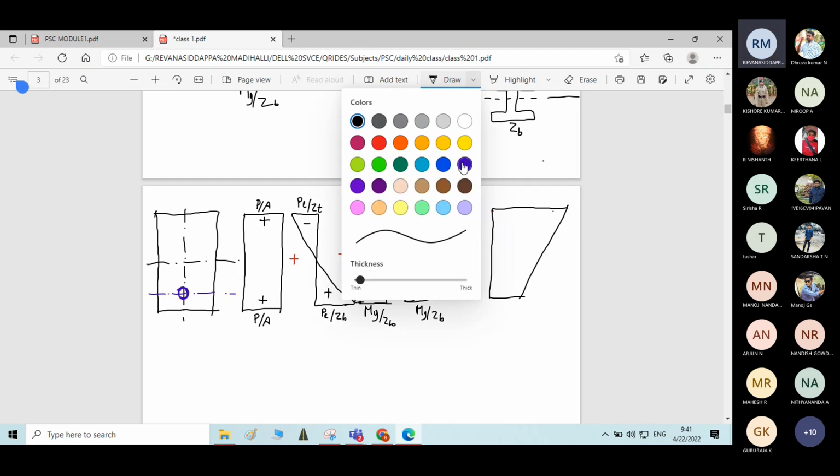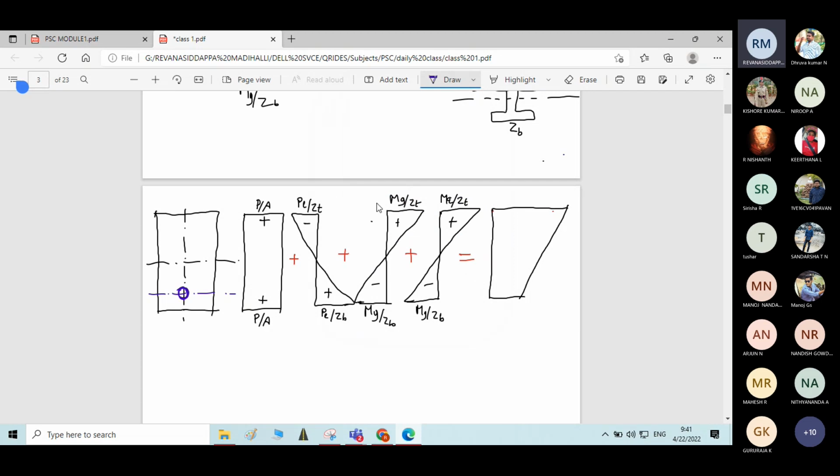So here what will be the value? For the resultant stress distribution, the top value will be the sum of P by A minus PE by ZT, plus MG by ZT, plus MQ by ZT. In the bottom fiber, what is the resultant stress?